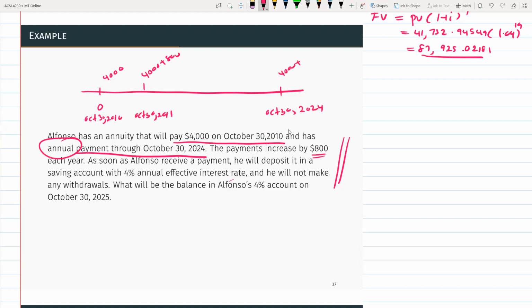So how many years? 24 minus 10 gives you 14. So 14 times 800.